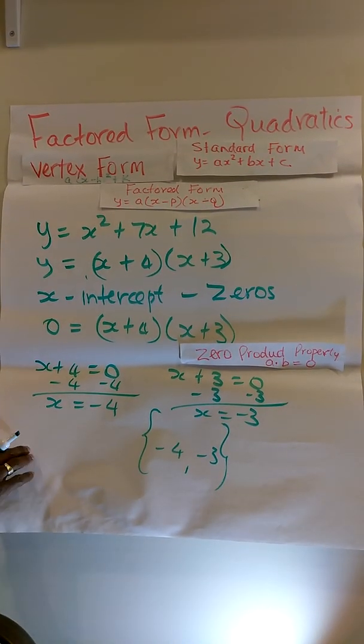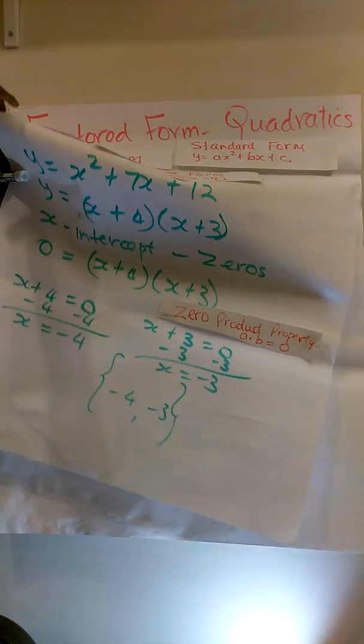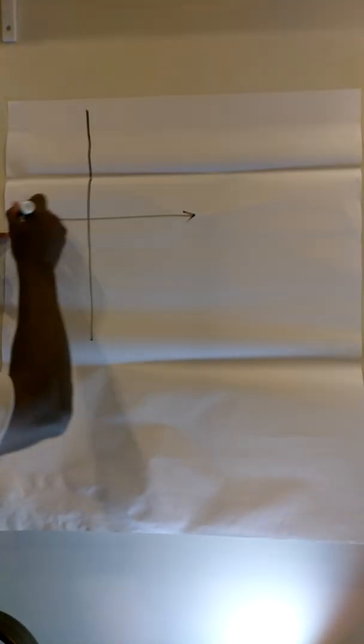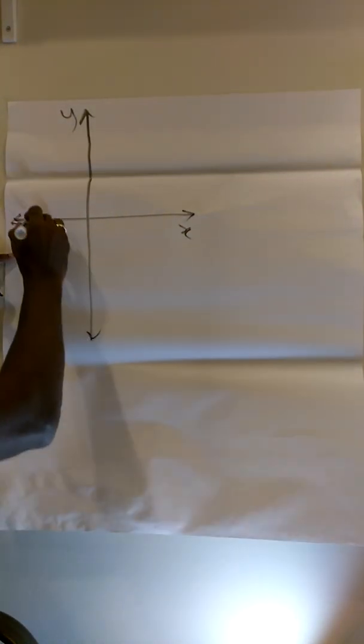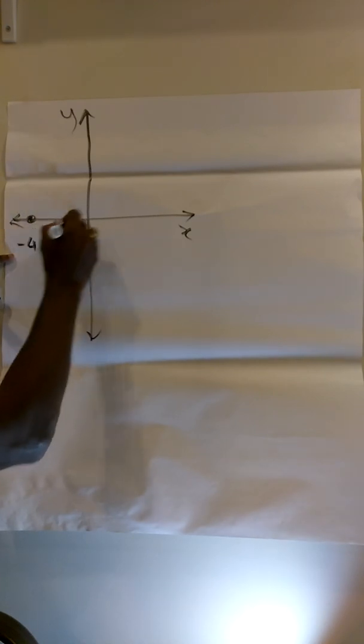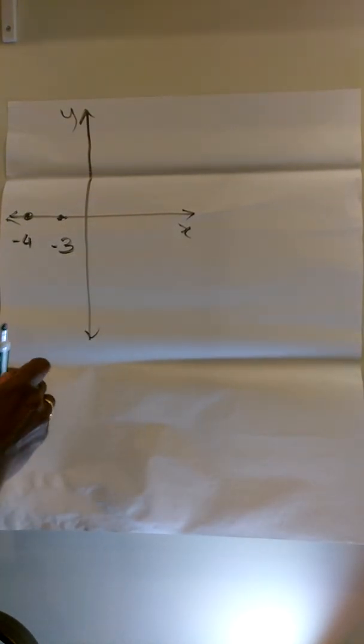Now if we were to put this on a graph, this is what it would look like. So let's go ahead and sketch this. So I have an intercept at negative 4, and I have another one at negative 3, and this is not drawn to scale.